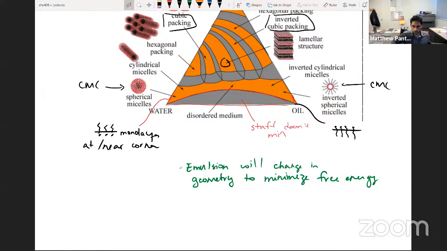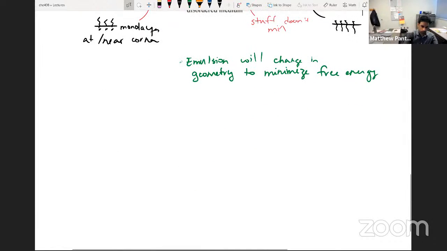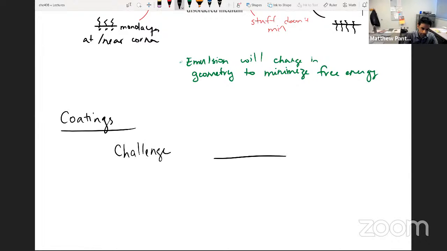Okay, so let's go over some terminology about paints. Let's talk about paints and coatings. So first, let's talk about coatings broadly. Coating we can think of as an engineering challenge, right? So if we have some surface, we want to create some coating.